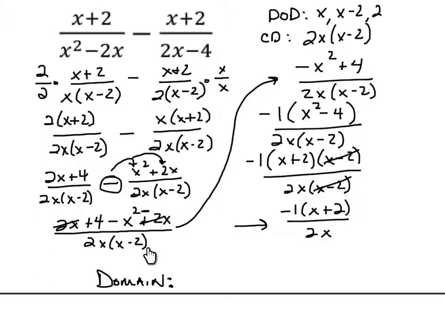So my actual domain here is that 2x cannot be 0, and that x minus 2 cannot be 0. So actually here x cannot be 2, and here x cannot be 0. Okay? And that completes problem number 2.